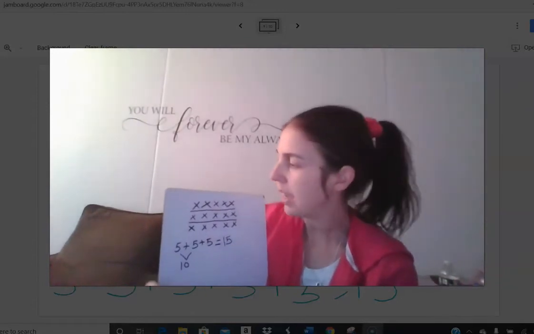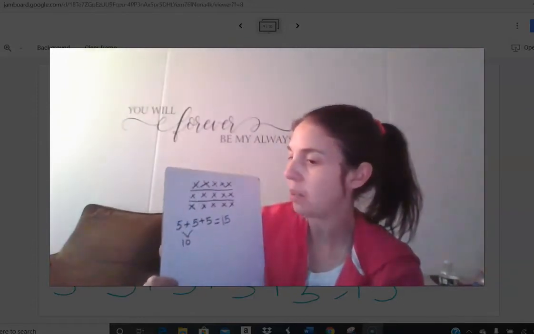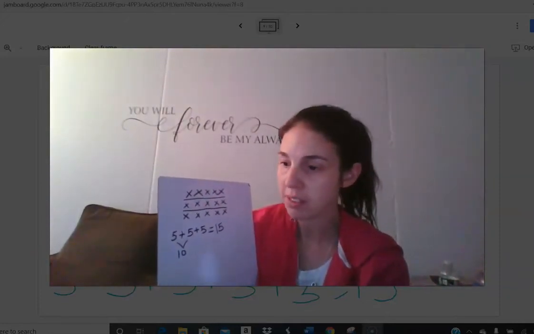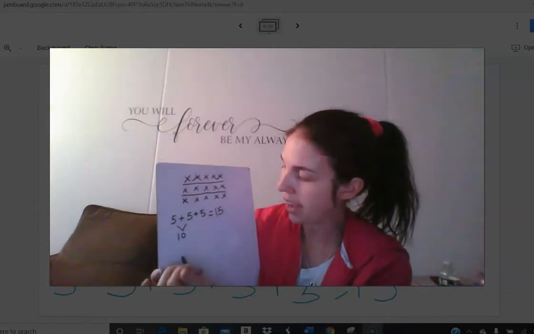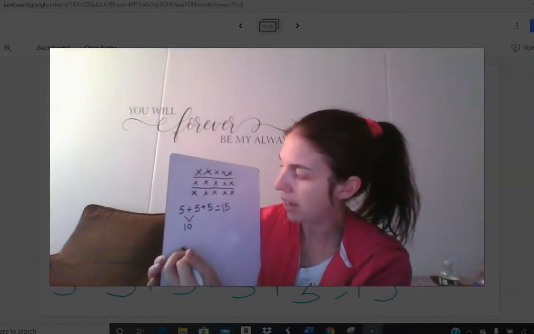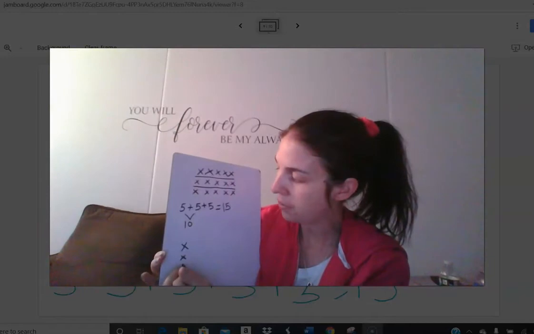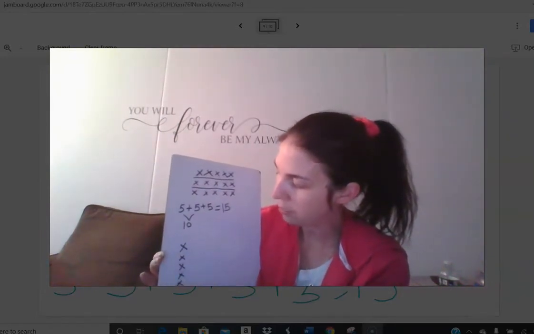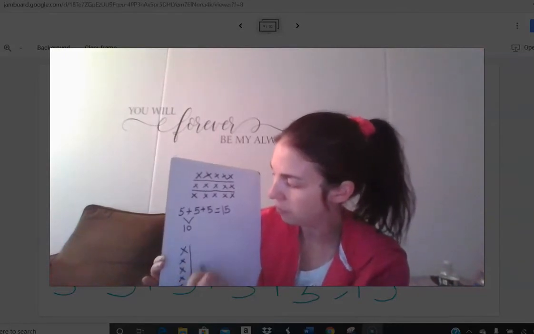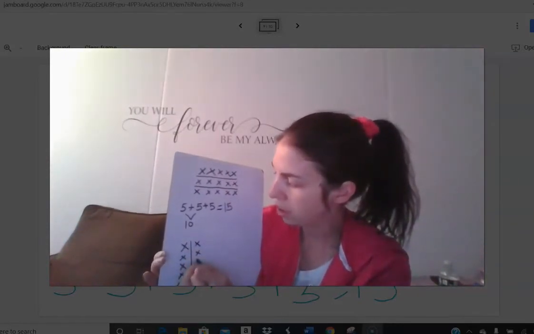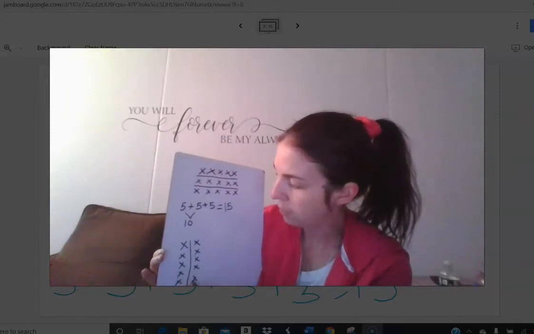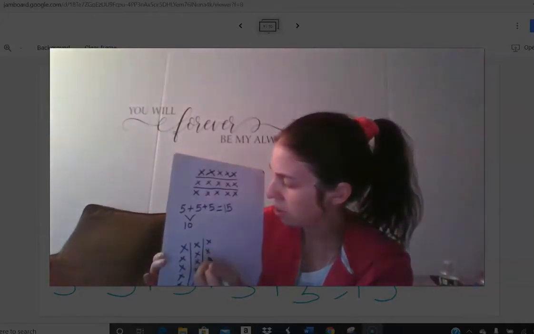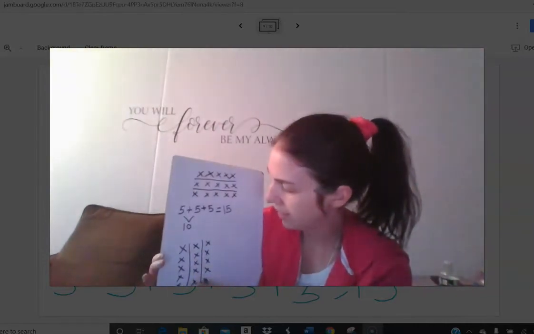Okay? Now, what if I changed it and I said I wanted 3 columns of 5? So this time I want 5 in each column. 1, 2, 3, 4, 5. There's one column. 1, 2, 3, 4, 5. There's two columns. 1, 2, 3, 4, 5.